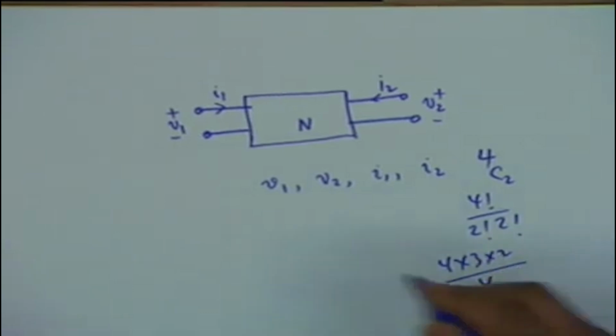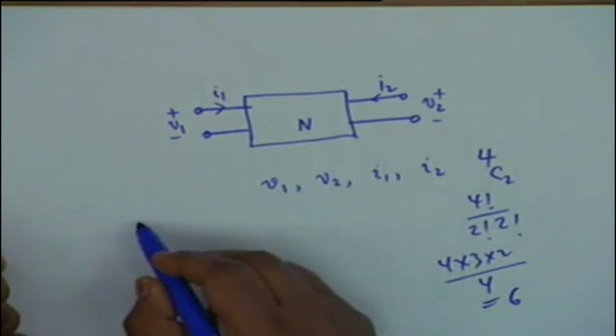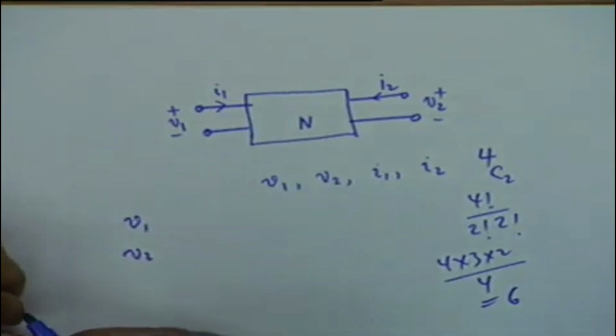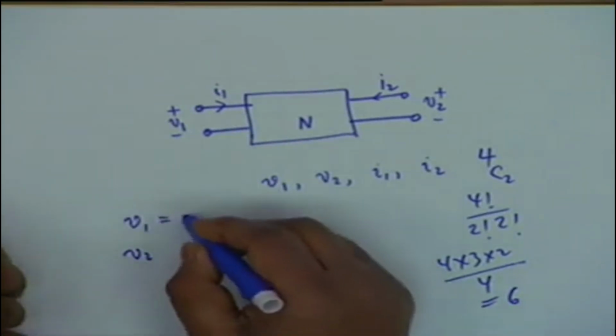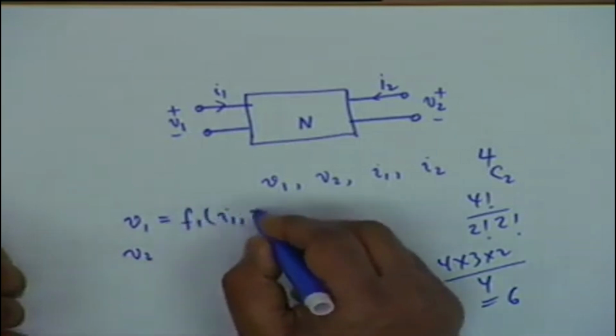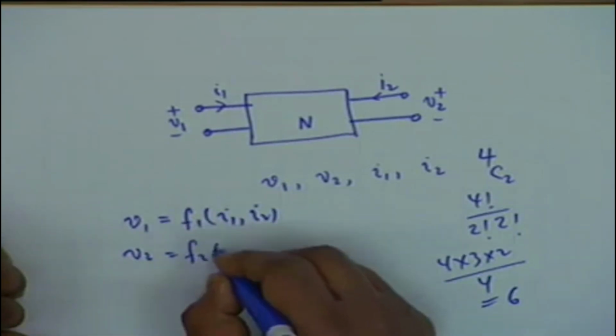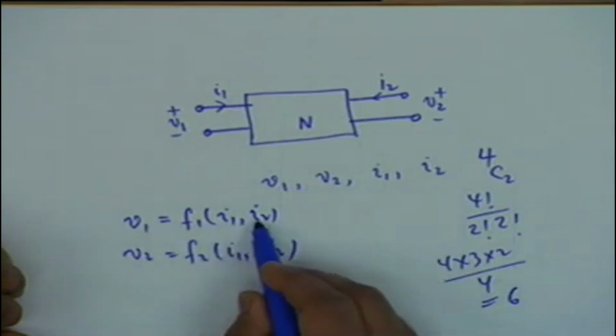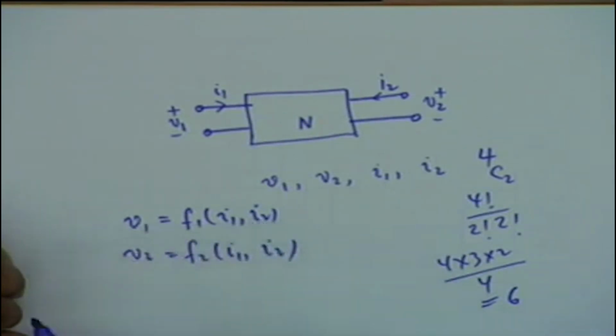Now 6 ways means what? You can say V1 and V2 can be a set of dependent variables. V1 can be F1 of I1, I2. V2 can be F2 of I1, I2. These are independent variables, I1 and I2, and V1 and V2 are dependent variables.